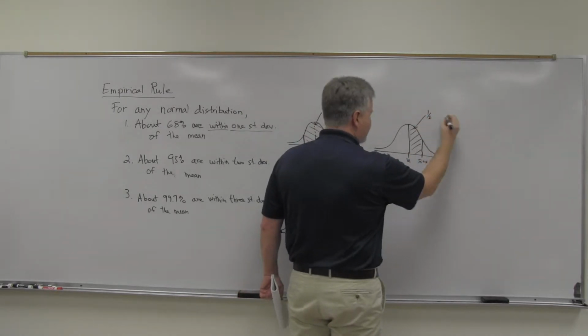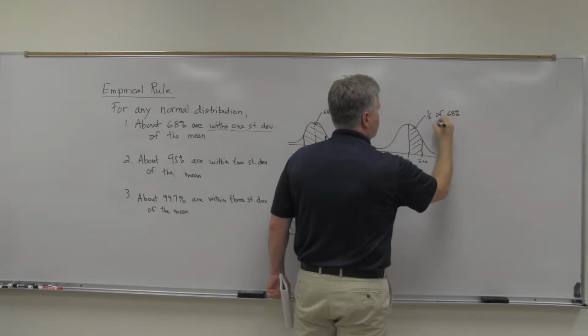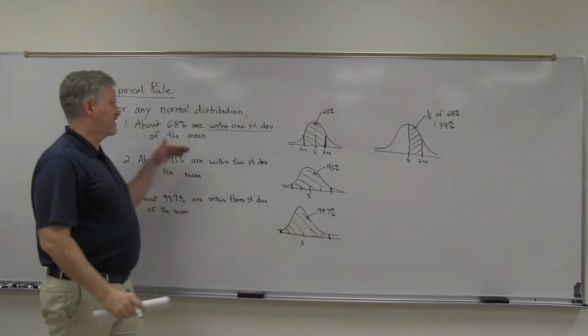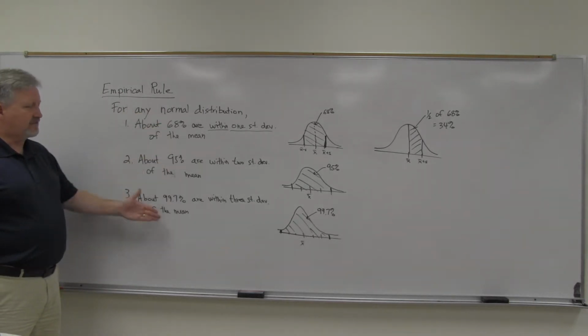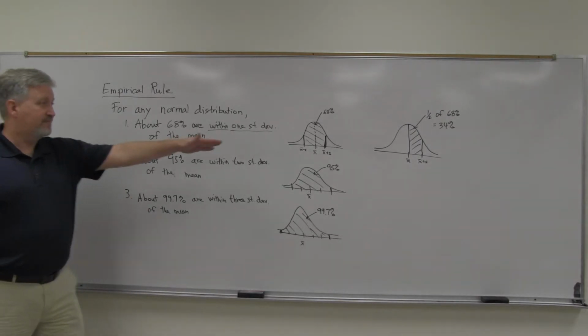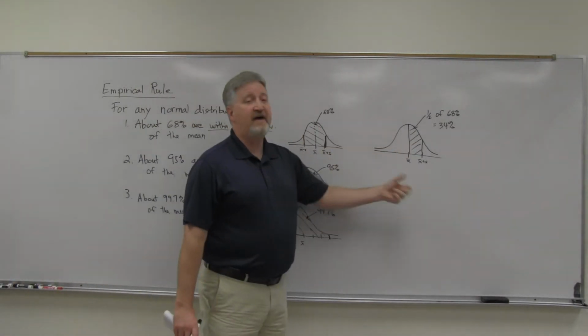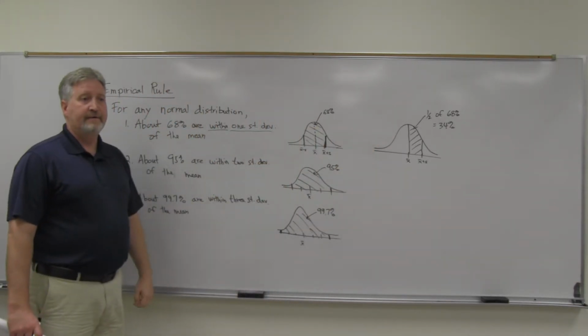So in practice, in these problems, a lot of times what you're dealing with is half of each one of these. This is the way you typically memorize or remember it, but in practice, a lot of times we're just halving these numbers. We can do the same for each one of these, okay?